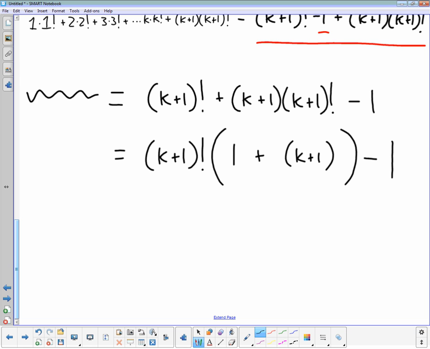See, because what I did was I factored the GCD out of both pieces. Light bulb. Wait, where's the factorial? No, I factored it out. I had a k plus 1 factorial in both numbers, so I factored it out because it was a GCD in both terms.